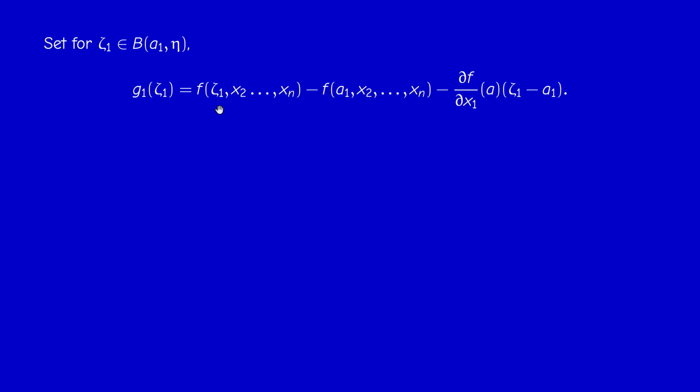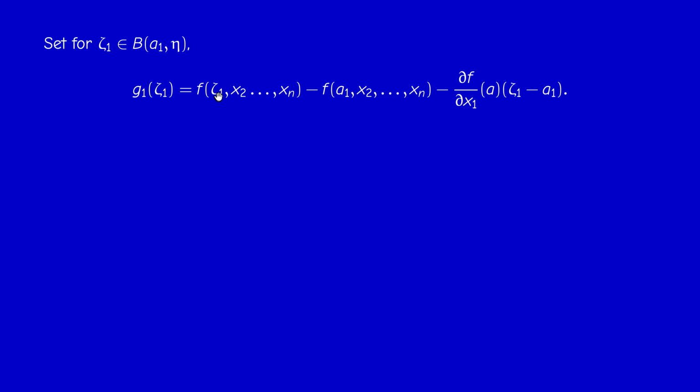Okay, so I consider the first argument as a variable. So instead of x1, I put zeta1. For zeta1 sufficiently close to a1, and more precisely, since we are going to work locally, for any zeta1 whose distance to a1 is less than eta, we let g1 of zeta1 be this formula.